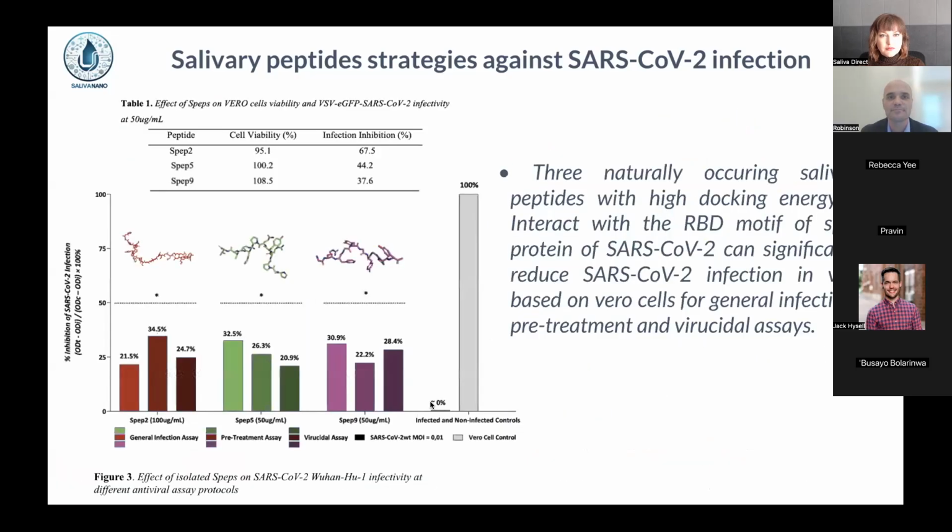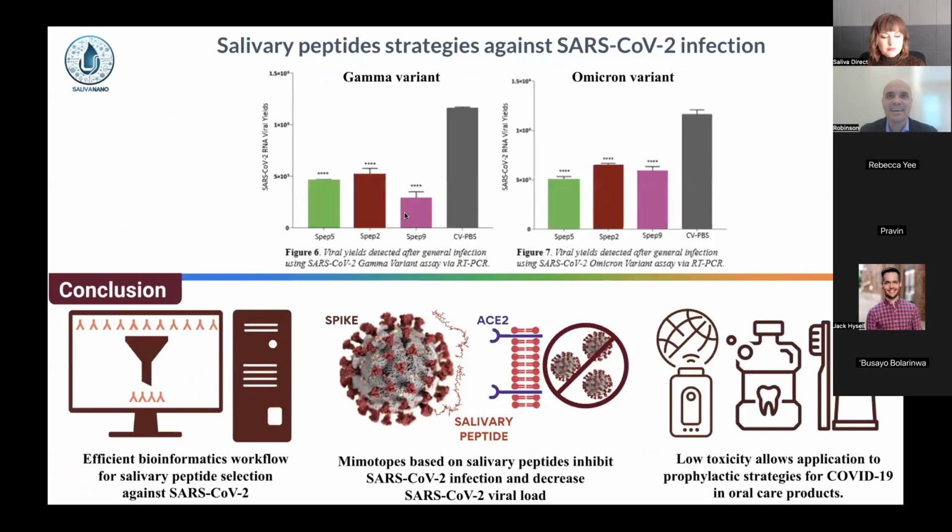In this case, 3 naturally occurring salivary peptides showed no cytotoxicity and reduced the infection with SARS-CoV-2 pseudovirus. We have also demonstrated that these salivary peptides can reduce SARS-CoV-2 expression in the Gamma and Omicron variants.